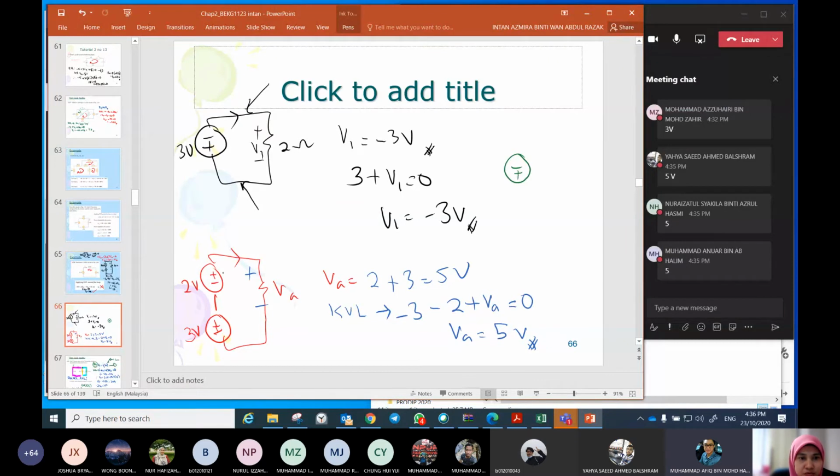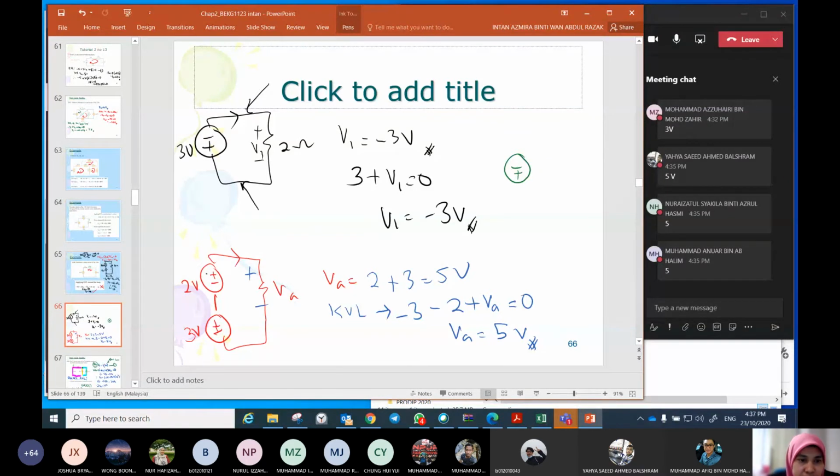Yes, we can. So voltage supply is 5, 2 plus 3. This is voltage supply. It is equal to voltage absorbed, it is equal to VA. Kalau kita tulis macam tu, kita tak consider sign yang first atau second tu lah, maknanya kita just ambil value dia je, provided that the arrangement of voltage source is the same for both voltage sources. So to be safe, write KVL equation.